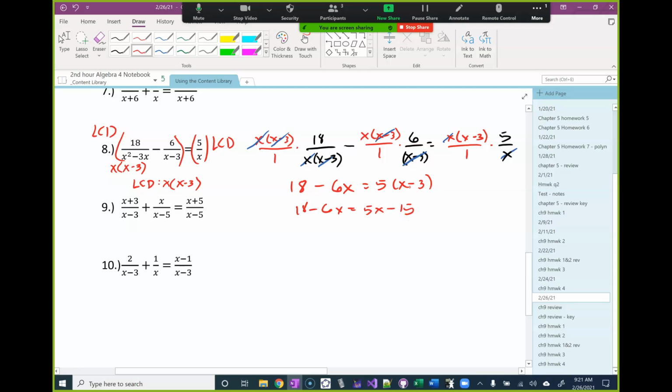And then I'm going to add 6x to both sides to give me 11x, and then add 15 to both sides to get me 33. If I divide both sides by 11, I get 3. But I'm not done. Remember, I have to check my answer. And I notice that if I plug that 3 into this denominator, it does give me 0, right?